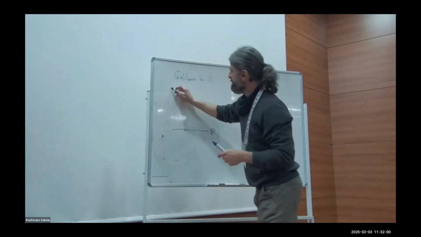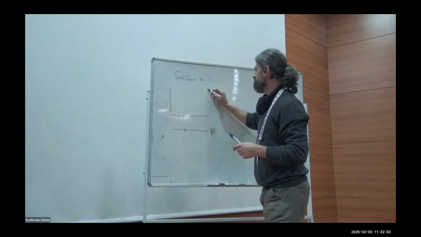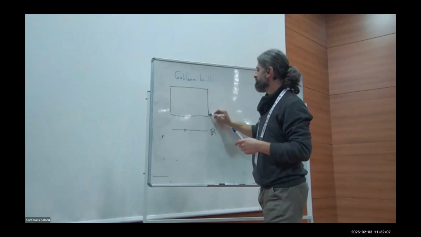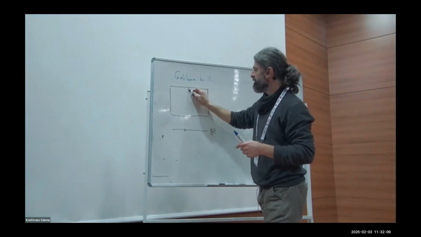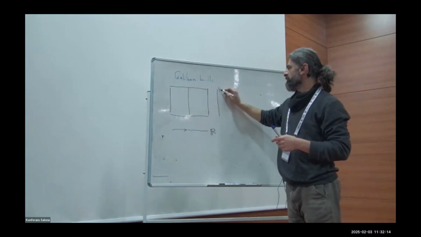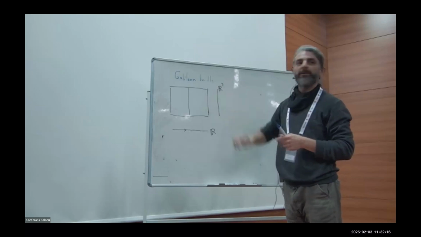So, our total space has fibers that are isomorphic to three-dimensional Euclidean space.